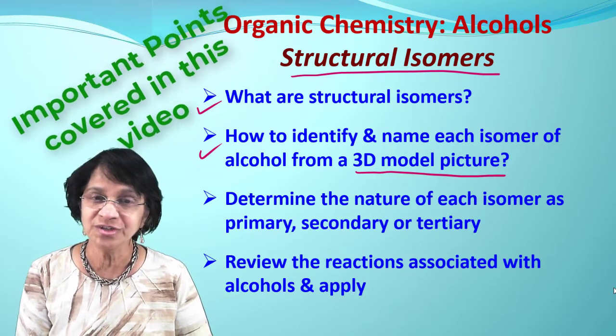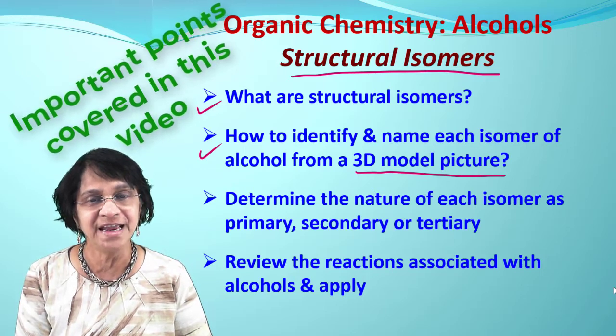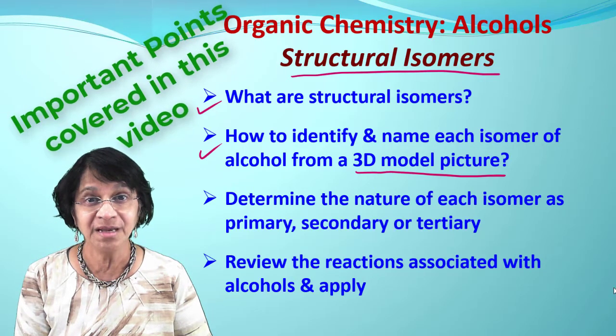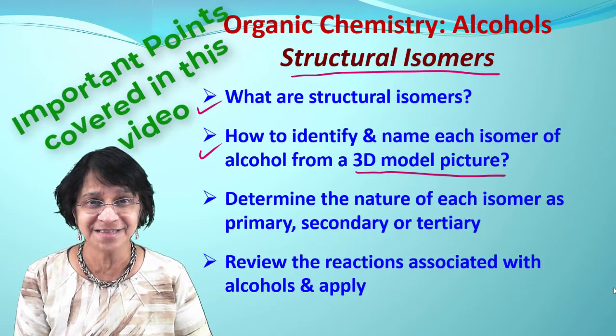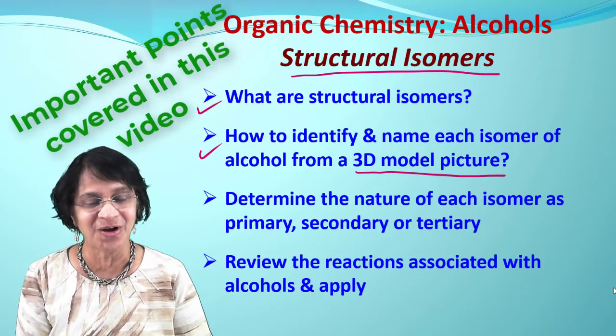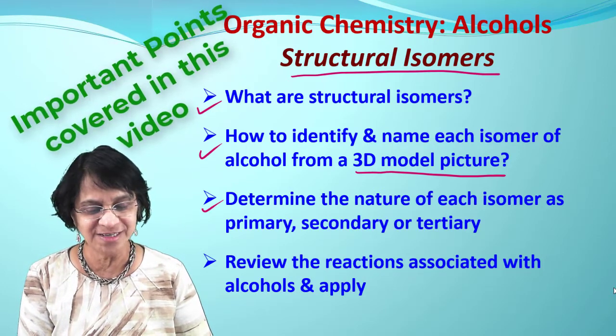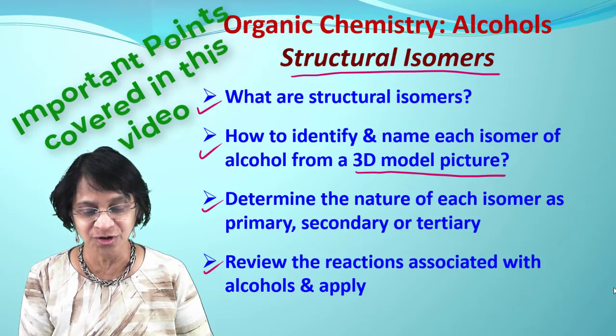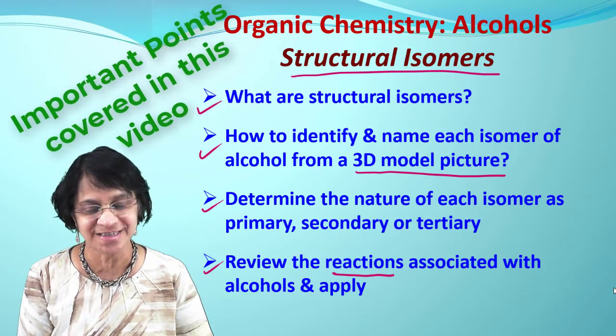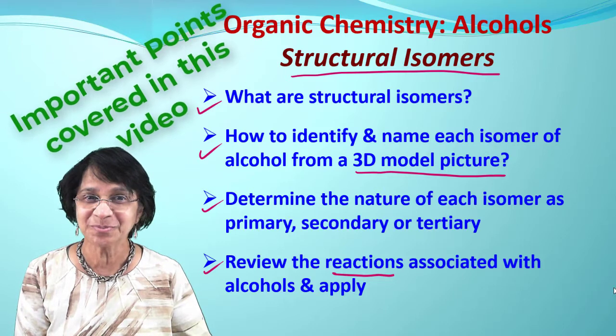Then we also need to identify the nature of the alcohol. Mainly, is it a primary, secondary or tertiary alcohol? Because that will decide how it is going to react. So we'll review some reactions and then we'll apply all those principles.